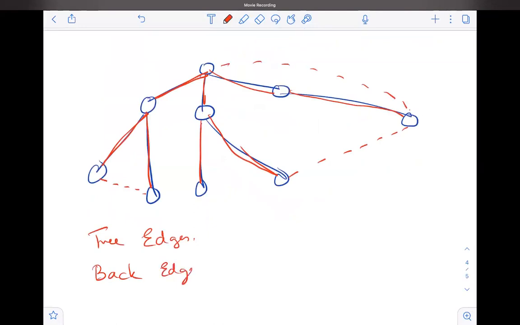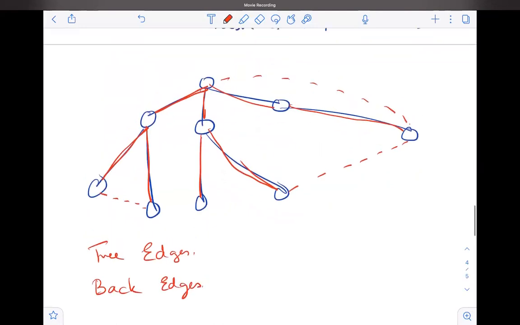Back edges are edges, sometimes also called forward edges, and we can talk about the same concept in the case of directed graphs, but it is between a vertex and its ancestor. So something like this. This is a vertex and its ancestor.